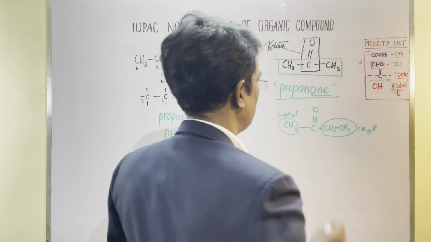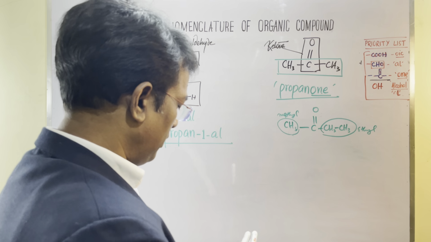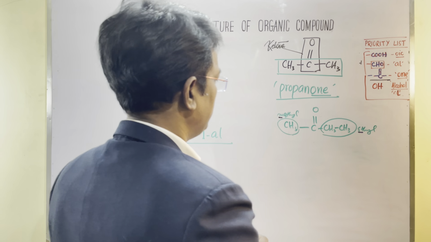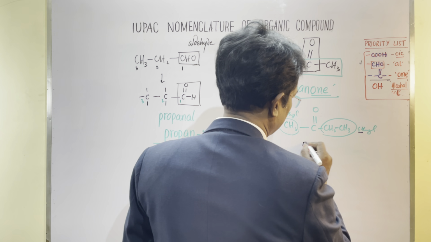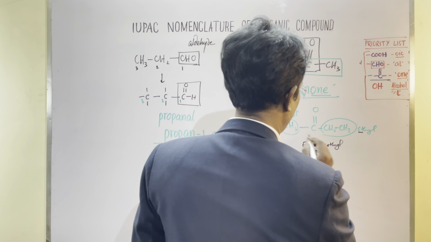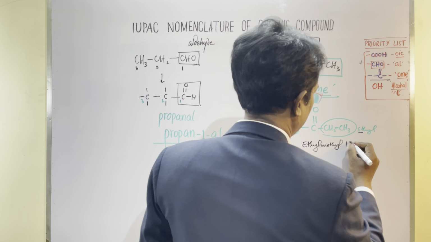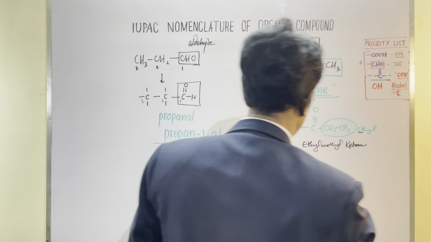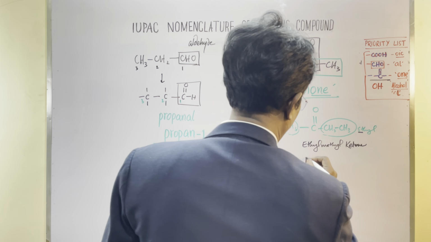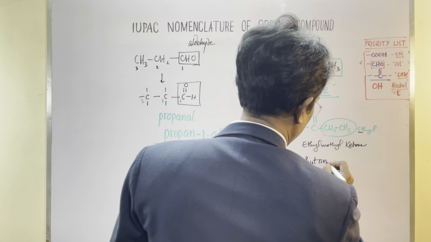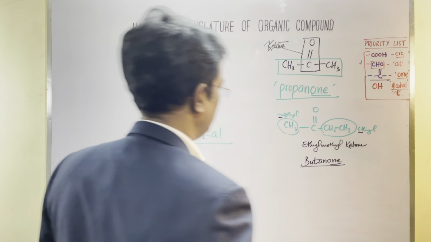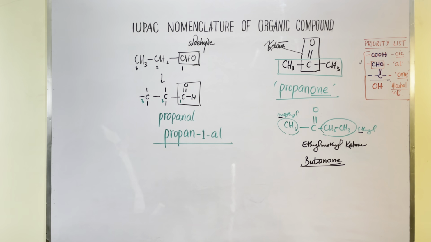If we follow alphabetical order, E comes first, then M. So it will be called ethyl methyl ketone, of course. But the proper name will be, counting 1, 2, 3, 4, butanone. Butan and ONE, butanone.